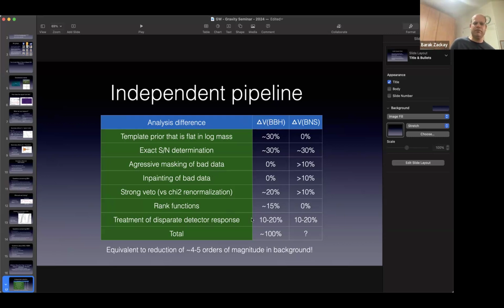This is a table from our O2 analysis versus the LIGO O2 analysis, and there was a factor of 2 in the volume of black holes that we could see. It was a combination of many different effects, and the totality was that we doubled the number of events, both as you could measure from the pipeline that we should have doubled it, and we doubled it in practice.